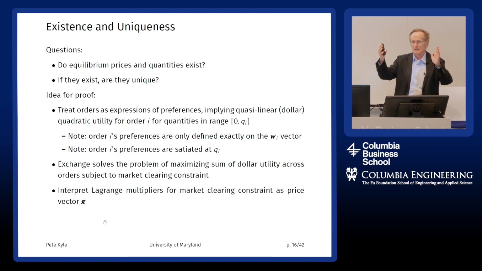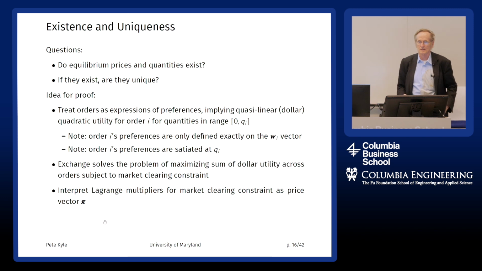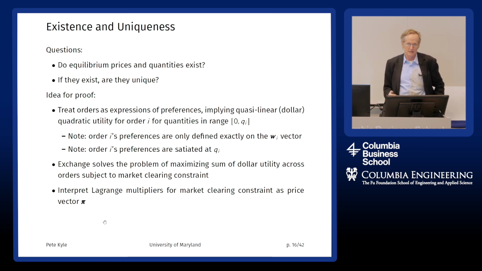They look like a quadratic utility function where X is between 0 and Q. In other words, if the order is partially executable, it's quadratic because the demand schedule is downward sloping and linear. Outside of that, it's linear because the quantities can't change. So you've got a quadratic utility function with some linear pieces pasted on the side, in a way that makes it continuous at the knot points of the demand function.